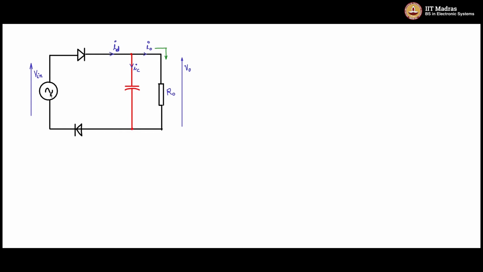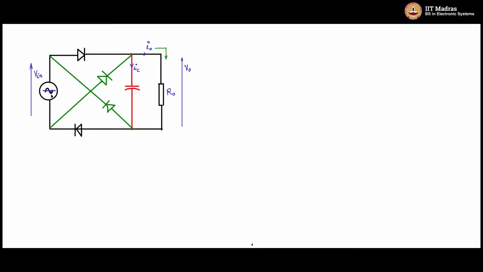When the input source goes negative, we see that this part becomes more positive than this, and we would like to route the current in this fashion through this diode, through the output capacitor and the resistor, and then have one more diode in this fashion and go through to the source in this direction.